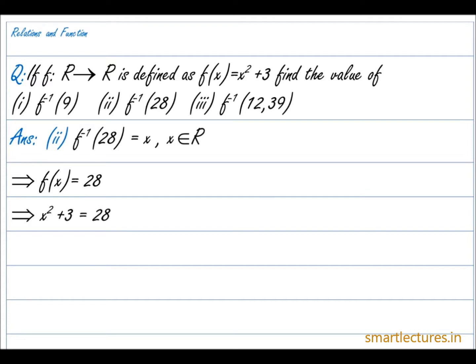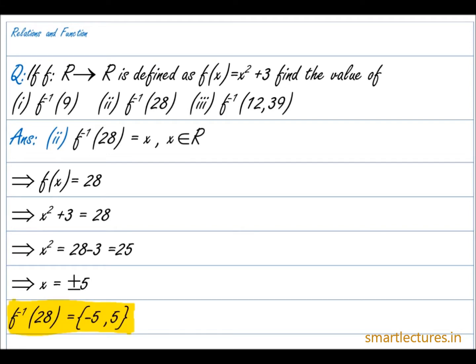So that becomes x square is equal to 28 minus 3, which is equal to 25. Now x square is equal to 25. That means x is equal to plus minus 5. So f inverse 28 is equal to the set of -5 and 5.